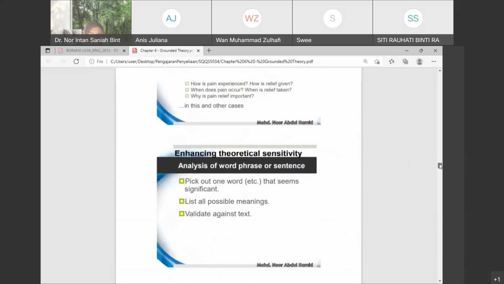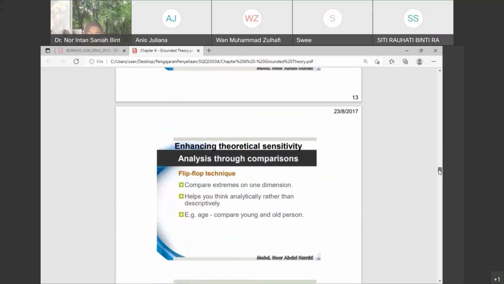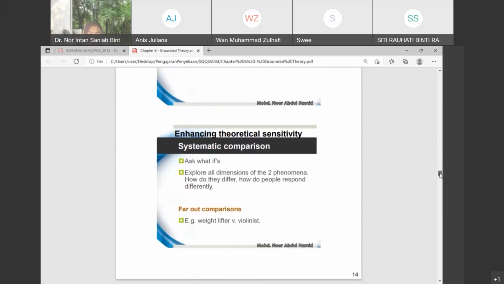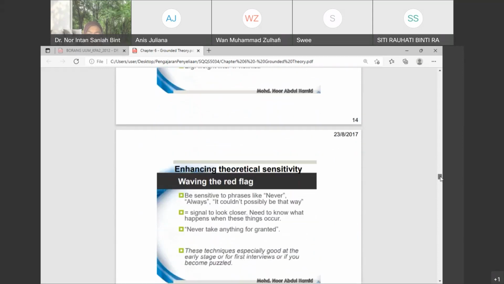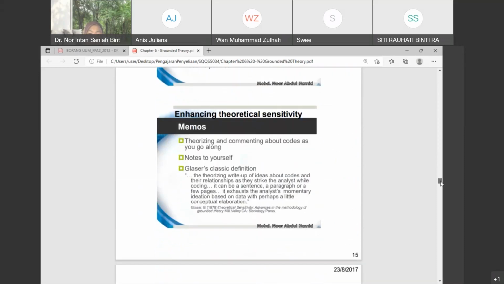These are all approaches for enhancing, or the flip-flop technique. We give guidelines, we ask the respondent for comparison, systematic comparison, or waving the red flag, as well as memos, right?